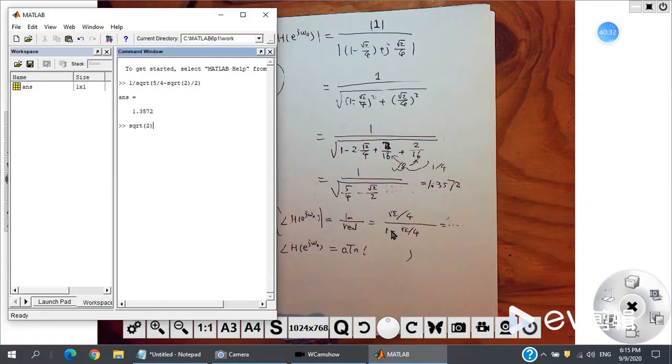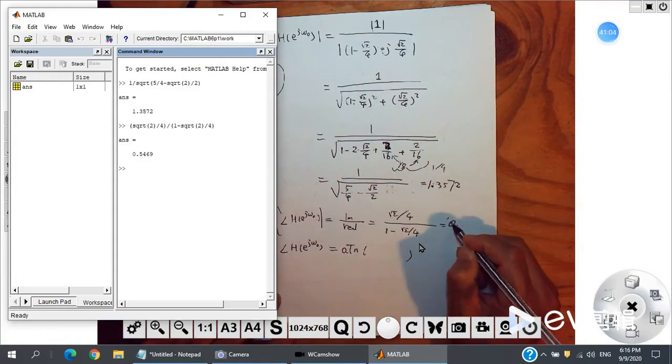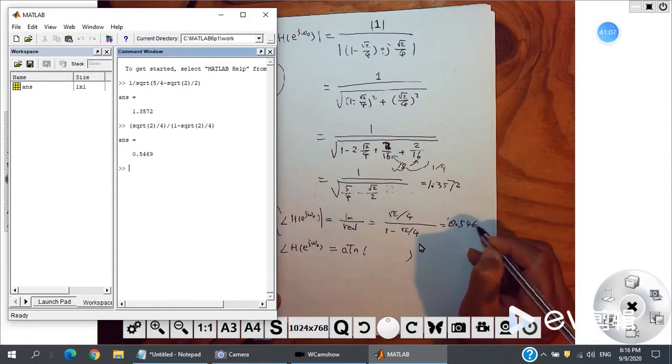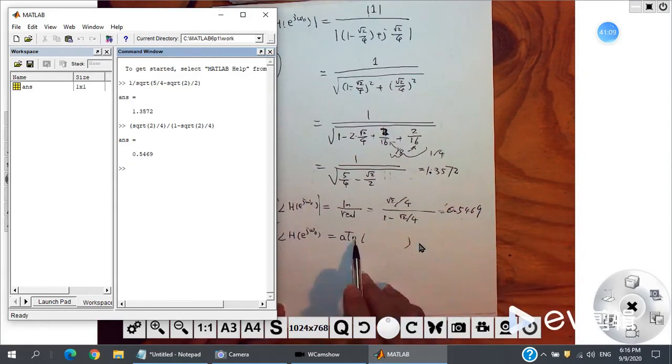Okay, so I have 0.5469, and the tangent of that angle equals this.